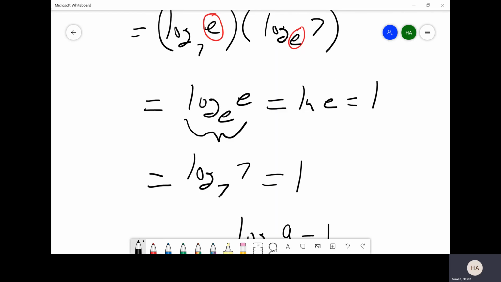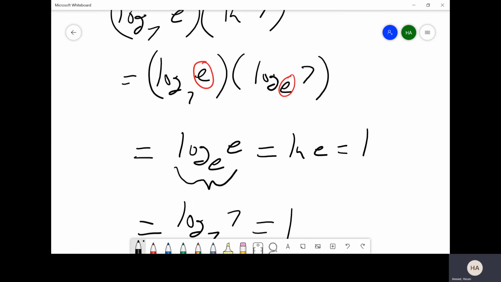So what I'm hoping that you understand here is that for division, for addition, and for subtraction, the bases have to match. Multiplication is the only one that's kind of tricky. For multiplication, there does have to be a matching, but it's not base to base, it has to be base to value. That's where multiplication is a little bit tricky for logarithms.